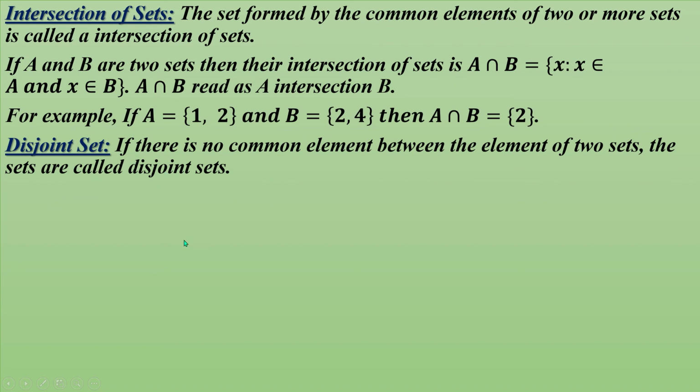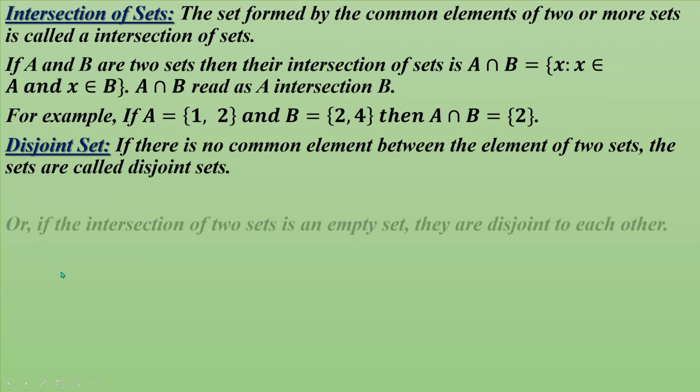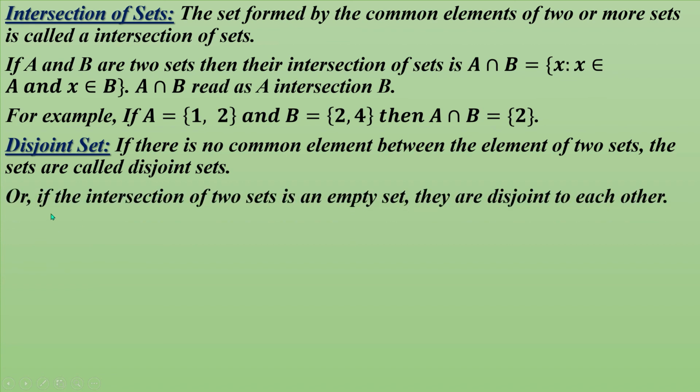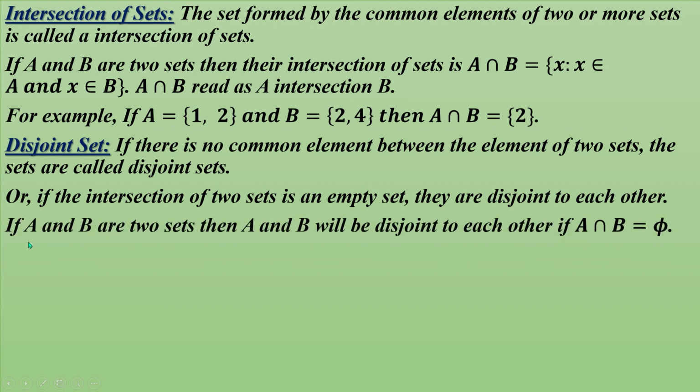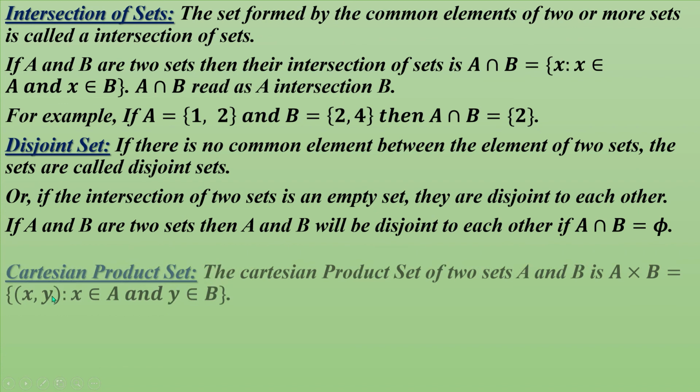Disjoint set: if there is no common element between two sets, the sets are called disjoint sets. Or if the intersection of two sets is an empty set, they are disjoint to each other. If A and B are two sets, then A and B will be disjoint to each other if A intersection B is equal to null set.